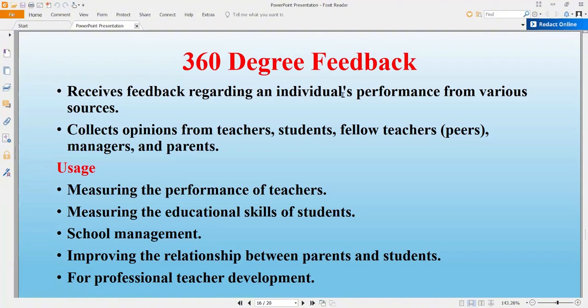What do you mean by this 360 degree feedback? Yes, 360. How do you explain it? You know what 360 means. From every aspect.